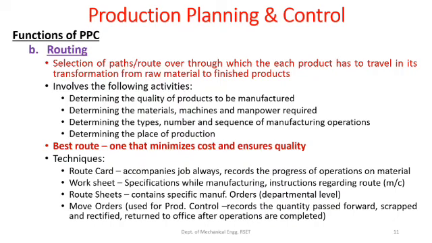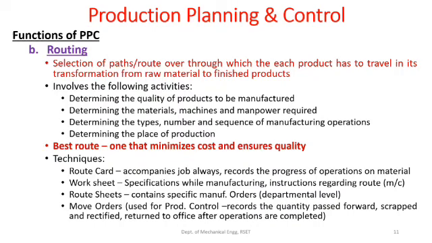They are not specifically used for routing, but rather they are a technique used for production control. Here, a move order records a quantity of raw materials that are passed forward to the next operation in the sequence, or the ones that are scrapped and the ones that are rectified.